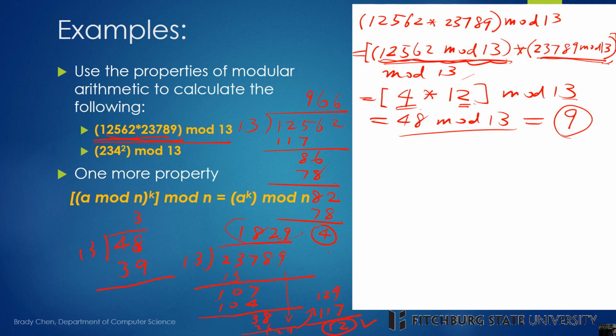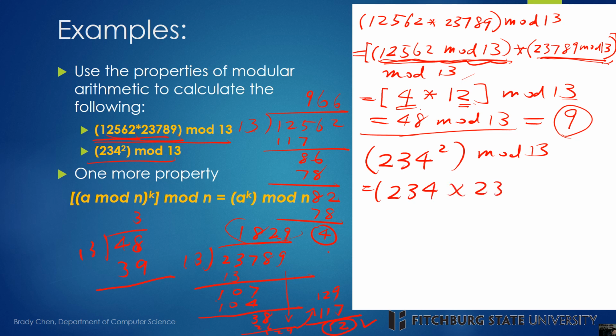Now the second one, it's kind of tricky. It's 234 square mod 13. Now square is actually 234 times 234, mod 13.